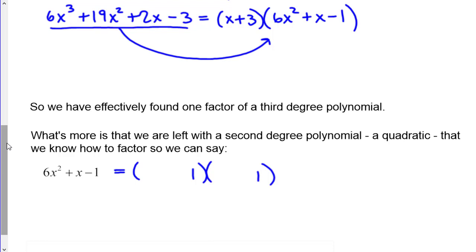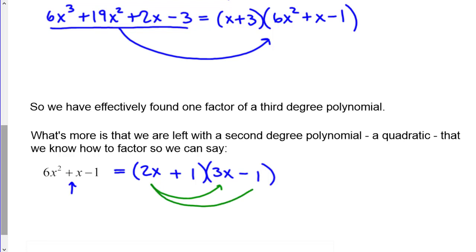If I need these things to add up to positive 1, this coefficient, I think 2x and 3x are going to be the choice here. And so I need the 3x to be positive and the 2x to be negative. And that works out because 2x times 3x is 6x squared, so that works.